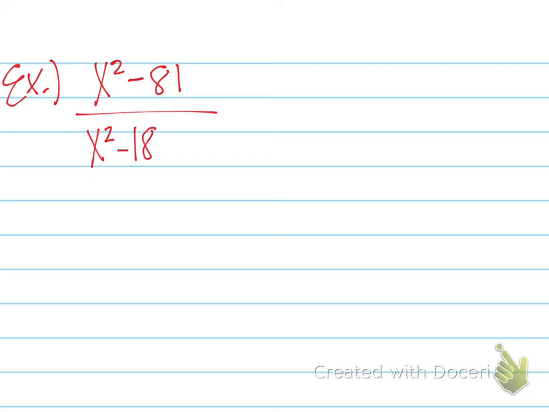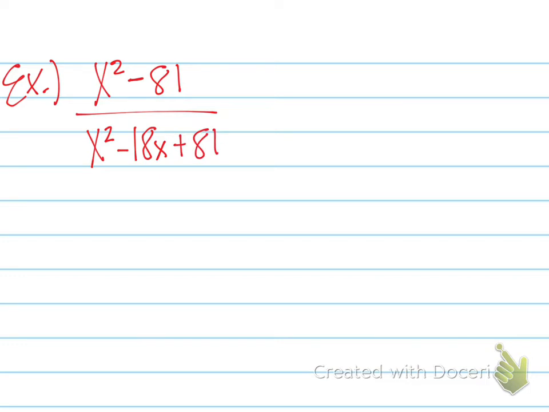Okay, next we have the last example for multiplying. And it is x squared minus 81 over x squared minus 18x plus 81.